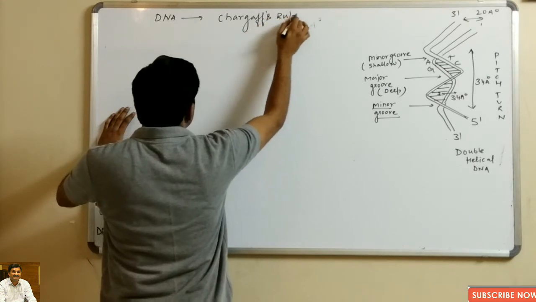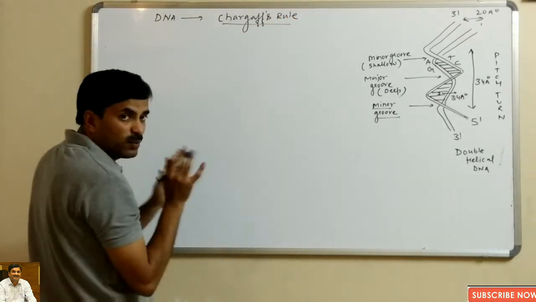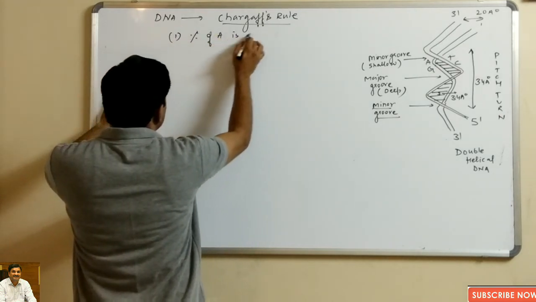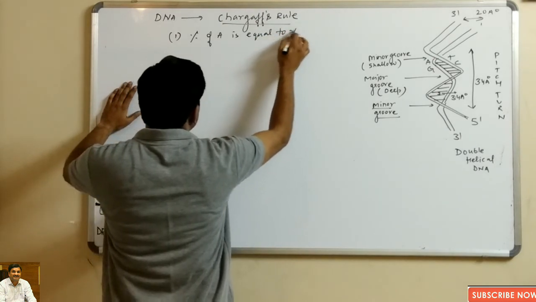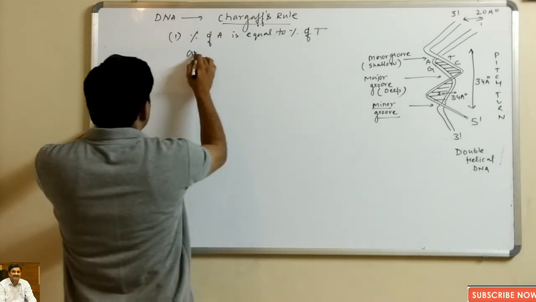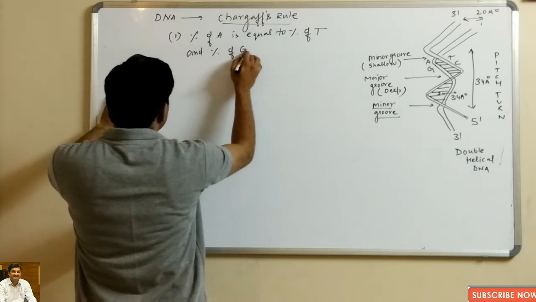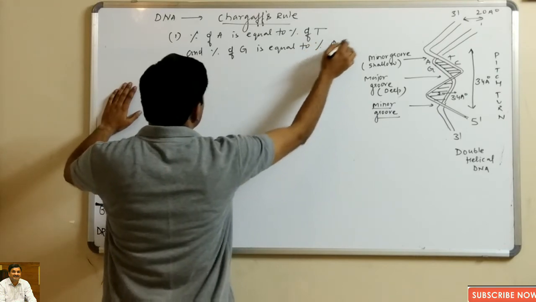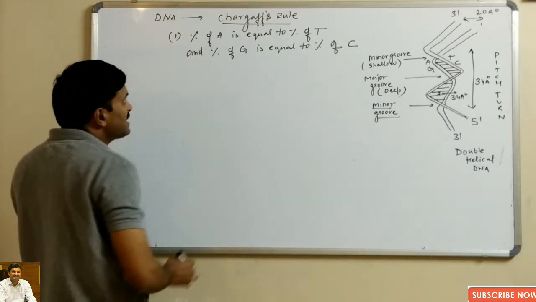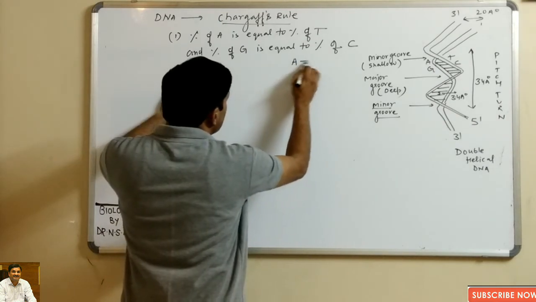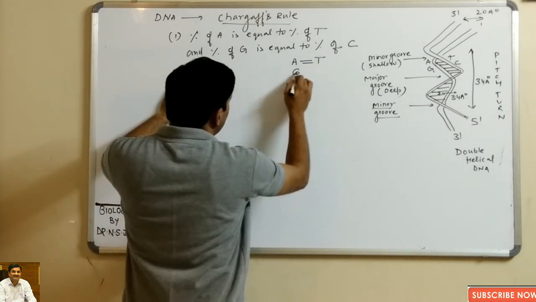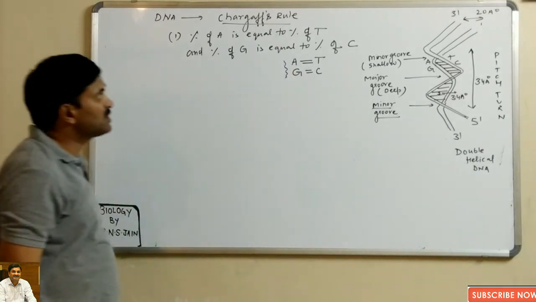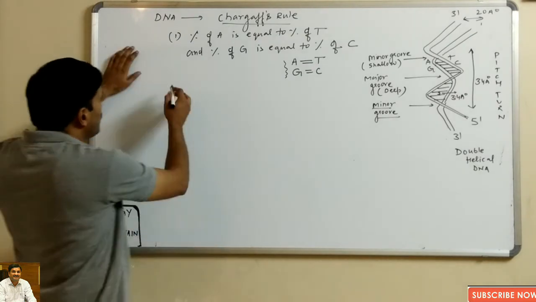Now, what does Chargaff's rule say? Chargaff's rule says that the percentage of A is equal to the percentage of T, and the percentage of G is equal to the percentage of C. A is equal to T and G is equal to C. This is the first point of Chargaff's rule.